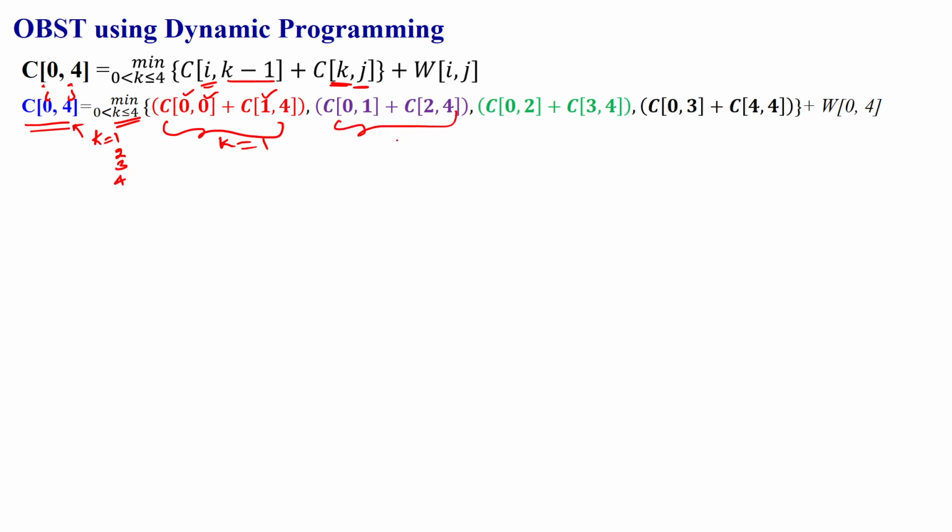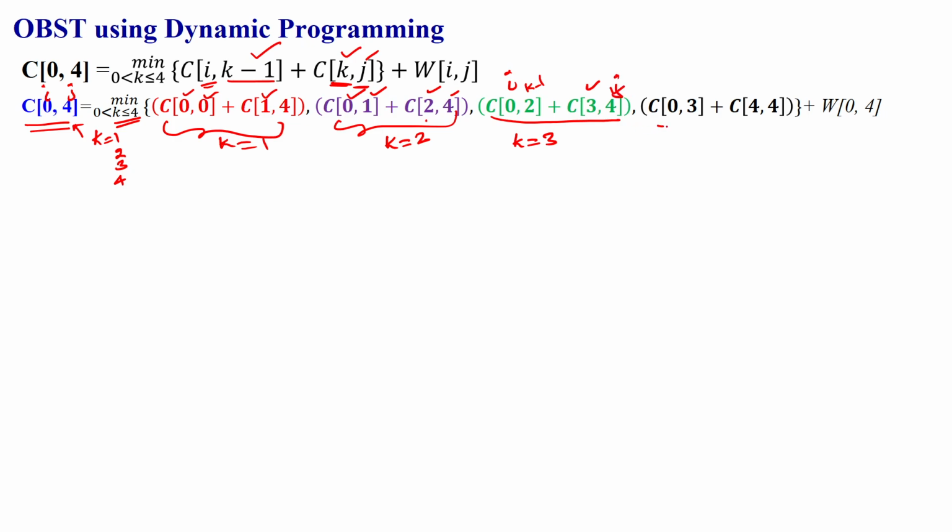So I am calculating for k equal to 2 here. i is 0, then k is 2, 2 minus 1 as per this formula is 1. Then k is 2, j is 4, comma. Now I am substituting for k value 3, then i value is 0, k minus 1 is 3 minus 1, 2, then k value is 3, j value is 4.